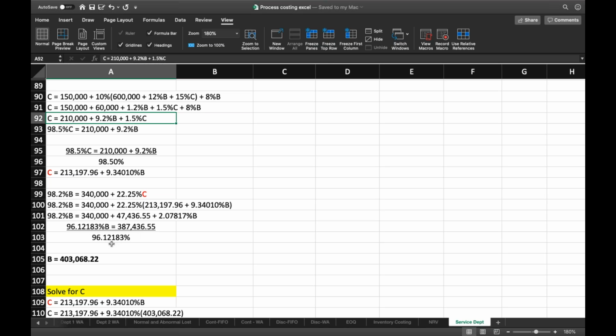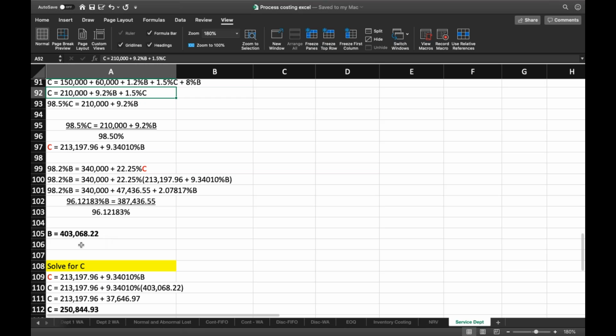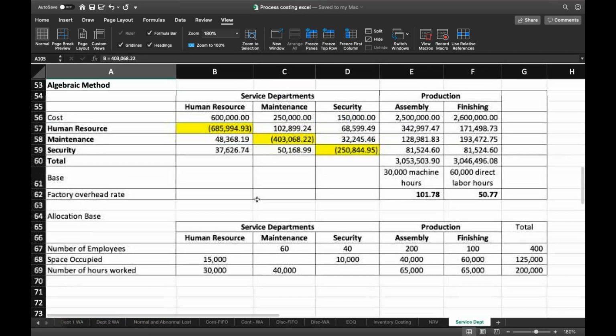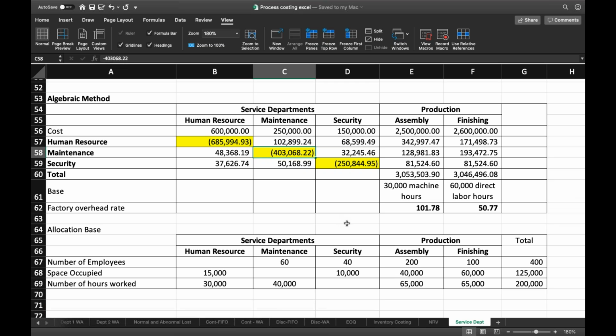Divide both sides by 96.12183%. We will have B is equal to 403,068 pesos and 22 centavos. So this is now the true amount of factory overhead cost of Department B, which is the maintenance department. This one, 403,068.22.